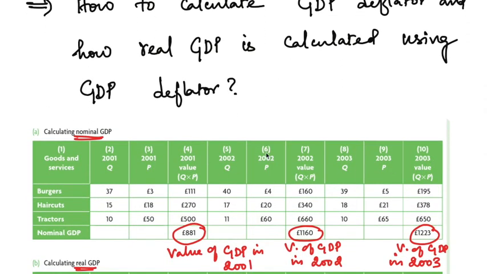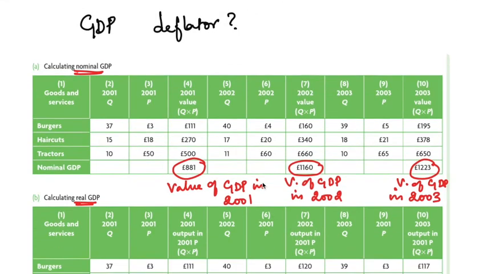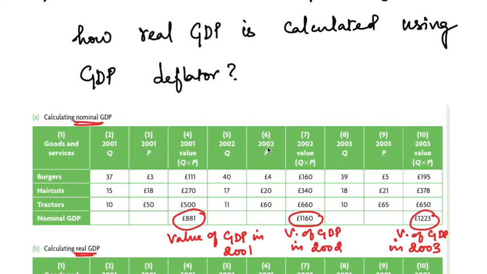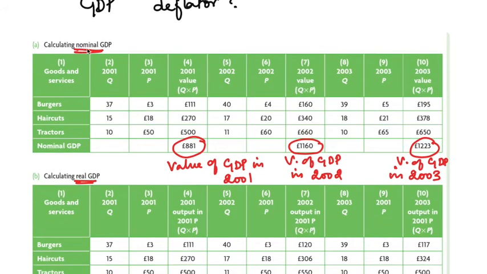Now I'm using this textbook example to explain how we calculate GDP deflator, and how real GDP is calculated using GDP deflator. This is a calculation of nominal GDP. For example, the country is producing three goods and services: burgers, haircuts, and tractors.